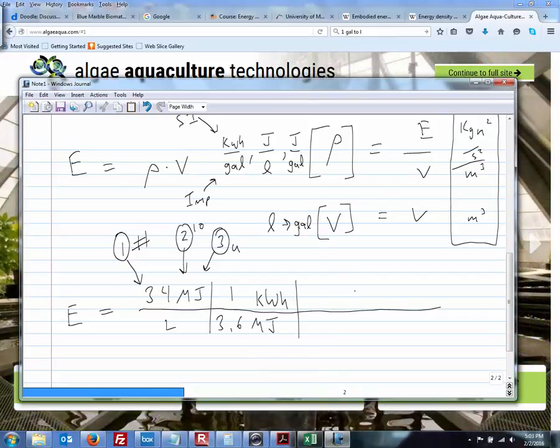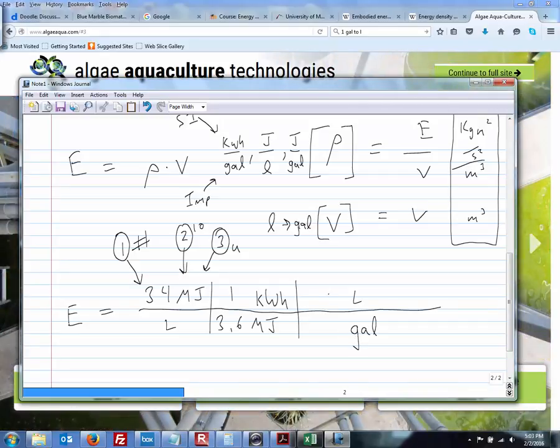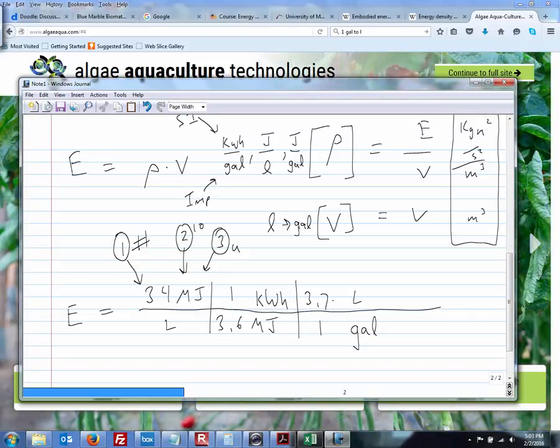Now I know I need liters up here. I need gallons down here, and I'm going to use GAL because just G means grams. So 1 gallon is 3.79. Is that what I just said? Yeah. Okay, 3.79.